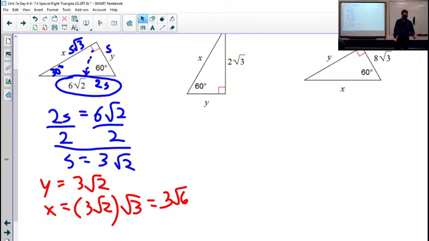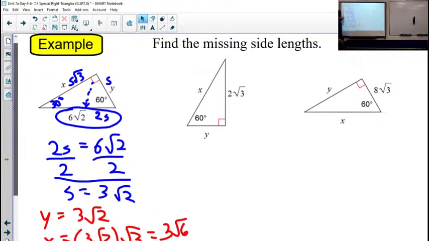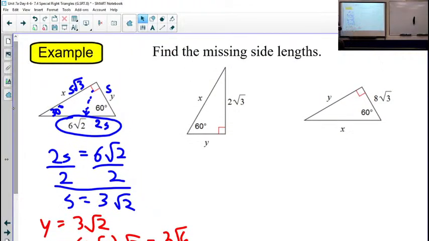Let's watch it happen again. This one's going to be easier. The big thing is to make sure you are labeling and seeing your pattern correctly. Where's my short leg? It's across from the 30, which should be here. So across from my 30, here's my short leg. Label it S. Where's my hypotenuse?